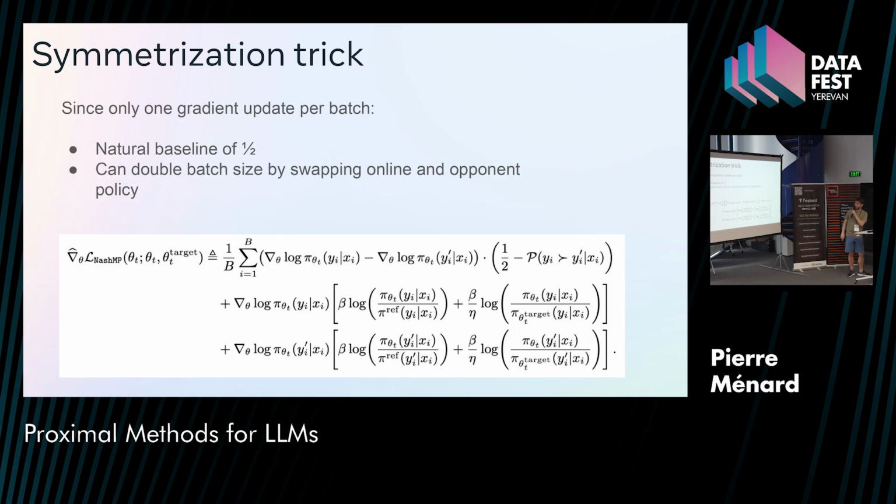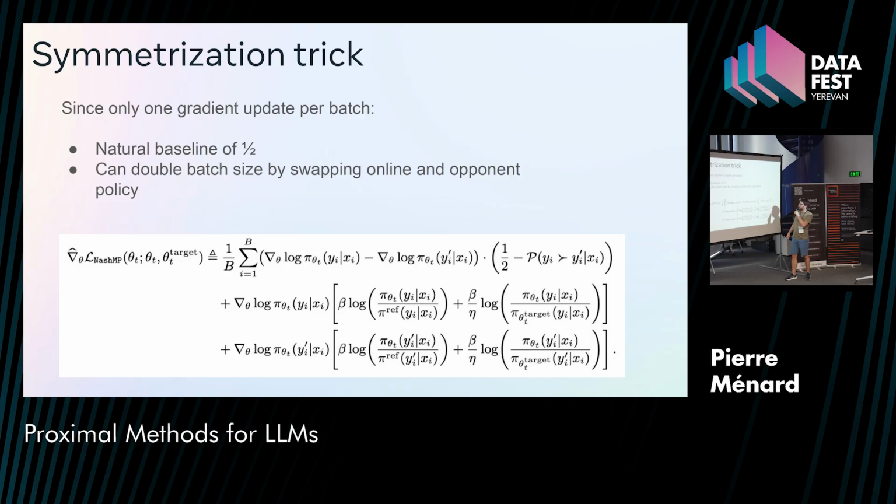Okay, and last trick. Since we are using the same policy for the online network and the opponent one, we have a natural baseline we can use, which is 1/2. So this is for variance reduction.